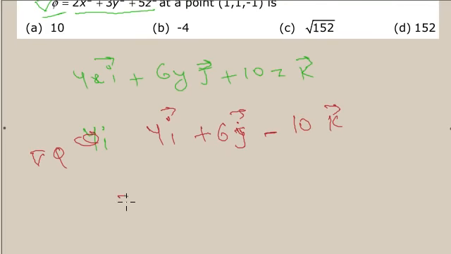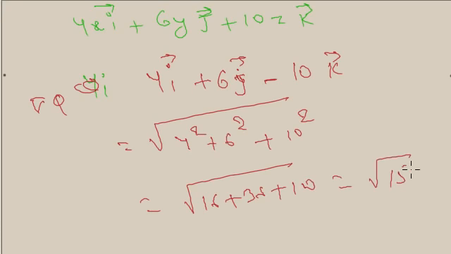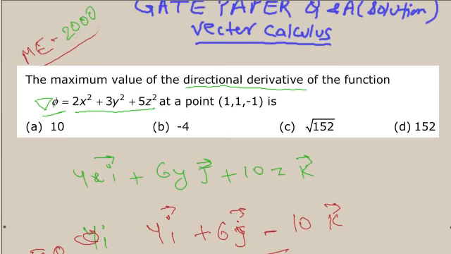The magnitude is 4 square plus 6 square plus 10 square, so this is equal to 16 plus 36 plus 100, that means root over 152. So the answer is this.